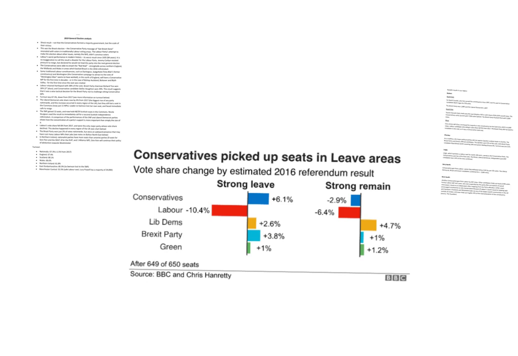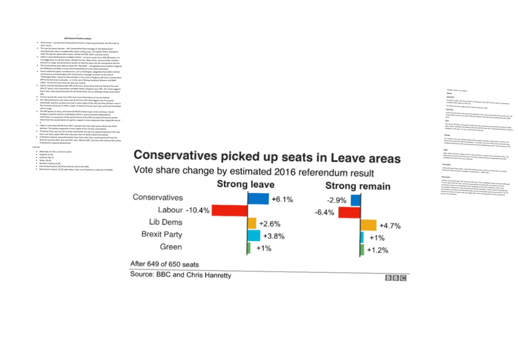Now, Leave voters were more likely to vote Conservative this time around than they had been previously. So in 2017, those who'd voted for Brexit, who were not convinced by Theresa May and her politics, were more convinced by Boris Johnson. So those who identified as a strong Leave supporter were 6 percentage points more likely to vote Conservative in 2019 than they had been in 2017.